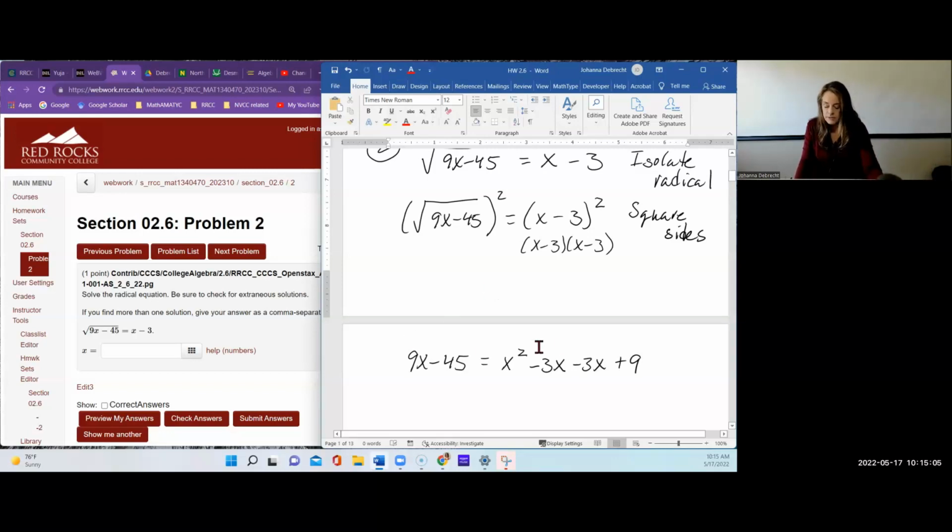Now, in order to solve this equation, we're back to a previous section, which basically means we have choices. The first thing we need to do is get everything on one side and 0 on the other. Since x squared is positive where it is, I'm going to leave it here and move the 9x and the -45 to join the rest.